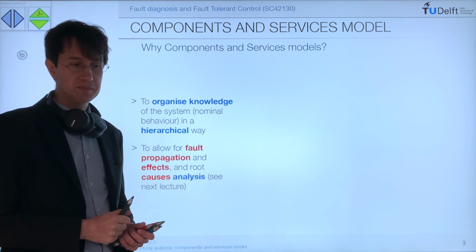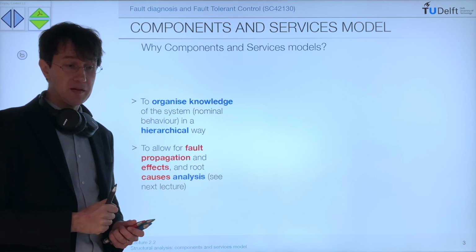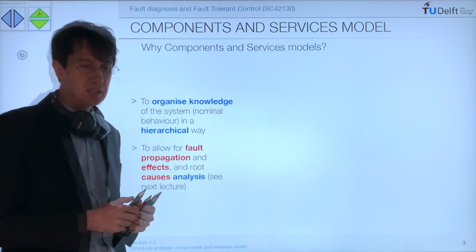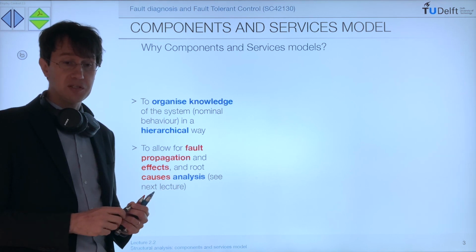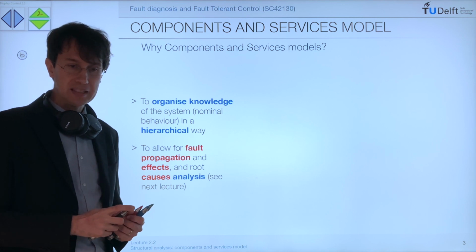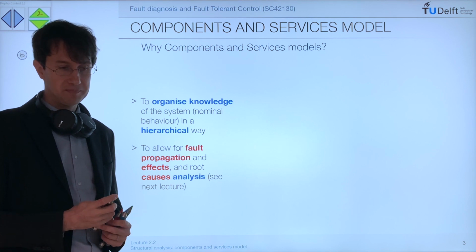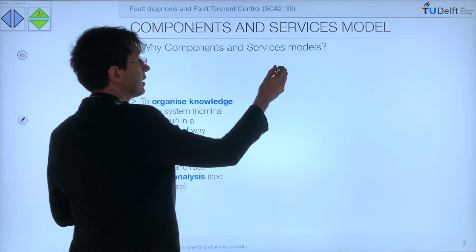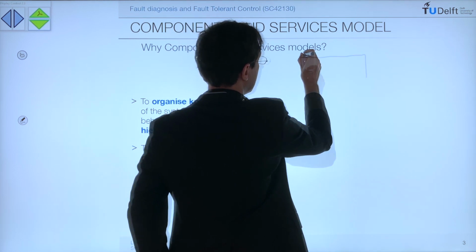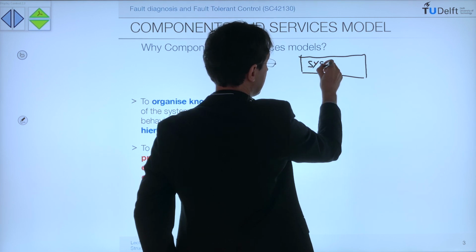As we anticipated, the first motivation is to organize knowledge about the structure of the system in a hierarchical way that allows us then to do some reasoning about how faults can affect the system and how fault tolerance can be enforced. This description is starting from a top level with a first node that represents our entire system.